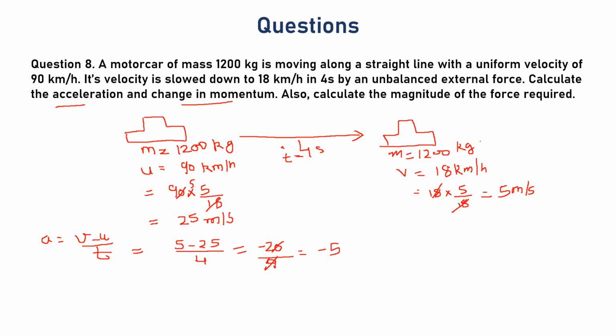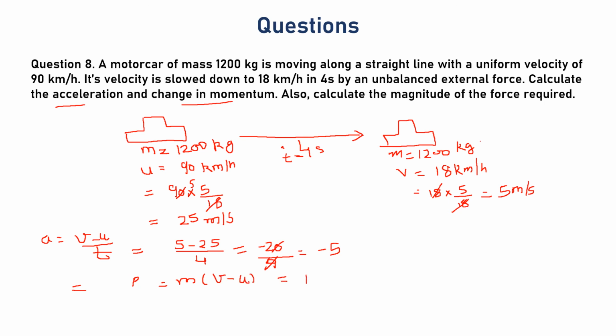So now you have to find the change in momentum. Change in momentum p will be mass times v minus u. This is the formula of change in momentum, isn't it?